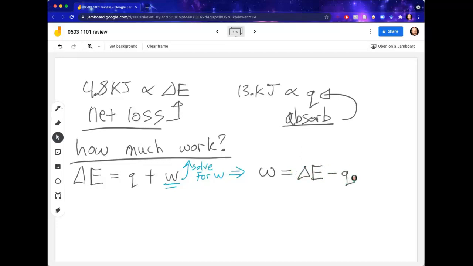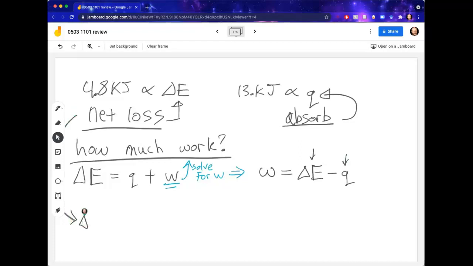That's the final equation we need. But before we get there, we need to figure out what's going inside of this equation for delta E and for Q. And this is where the vocab from the setup of the problem is important.